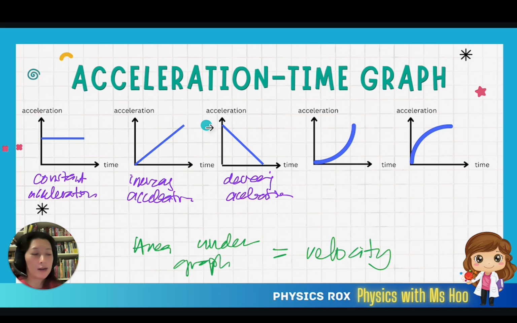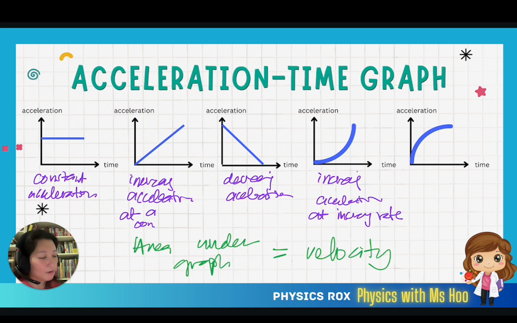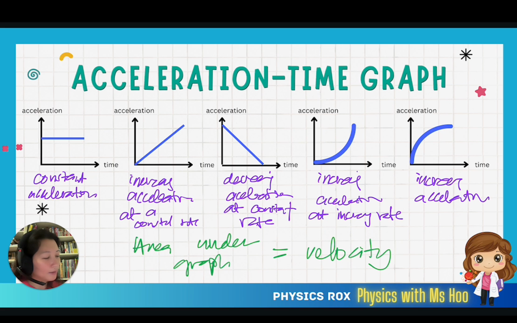Both of these are at a linear rate. This is increasing acceleration at an increasing rate. Let me write here for the others. This is constant rate. And the last one is increasing acceleration, but at a decreasing rate.